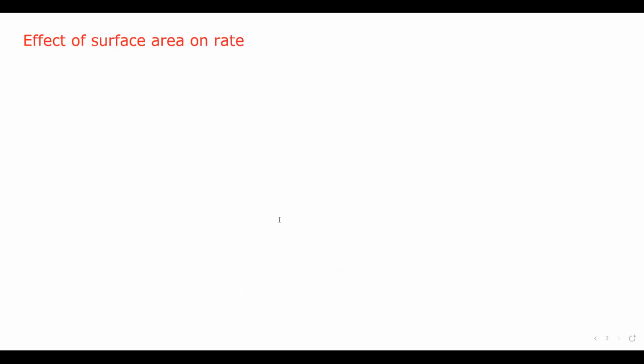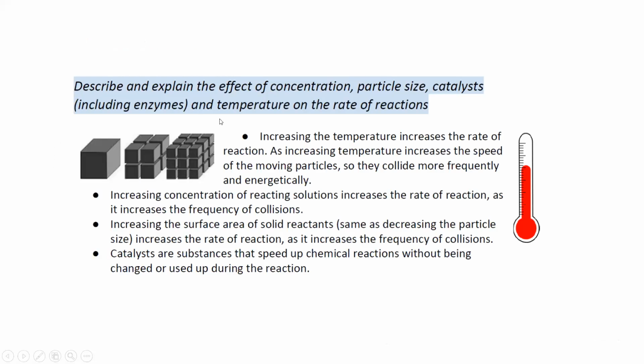So what is the effect of surface area on the rate or the speed of the reaction? For example, we have equal volume, like these all have the same volume, but different surface area.